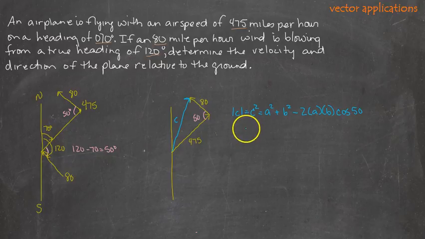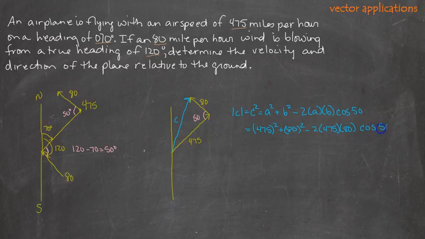So if I plug all my values in, I get 475 squared plus 80 squared minus 2 times 475 times 80 times the cosine of 50.